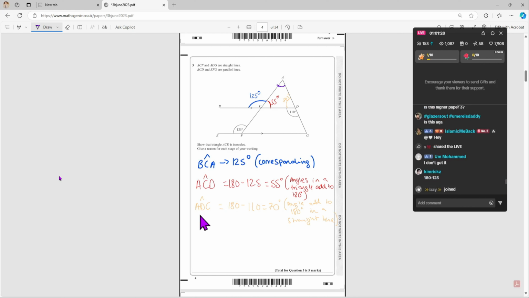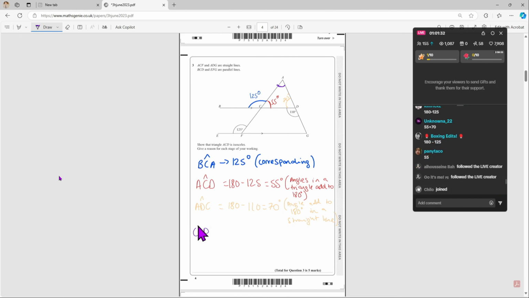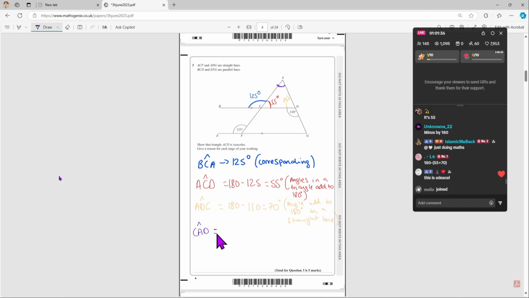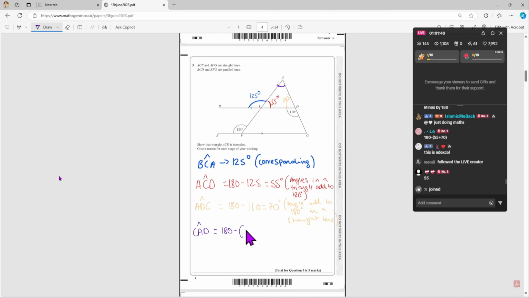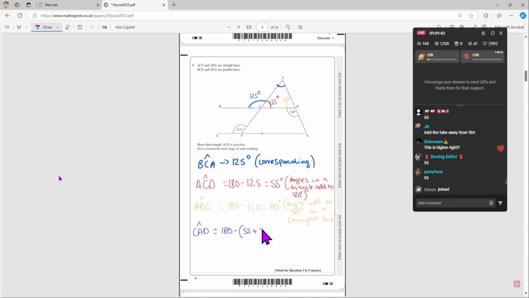So we can work out what angle CAD is. So what is angle CAD, guys, in the chat? If angles in a triangle add up to 180 degrees, we're going to do 180 minus 55 plus 70. And then you would get, yes, guys, 55 degrees. So this angle is going to be 55 degrees.